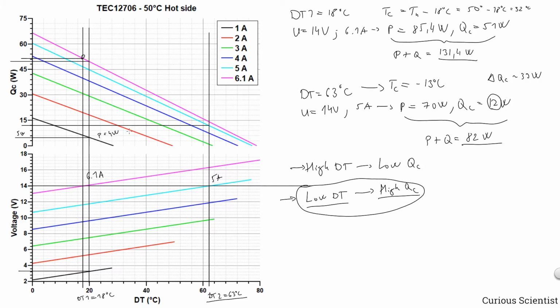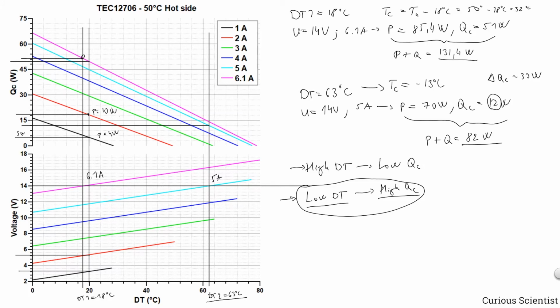So here you put a very low amount of heat on the hot side. So this is fine. You don't really have to struggle with the cooling of the hot side. But as you move up, so here we are at 2 amps, and here the P at 2 amps is now, if you see this line, let's say 10 watts.